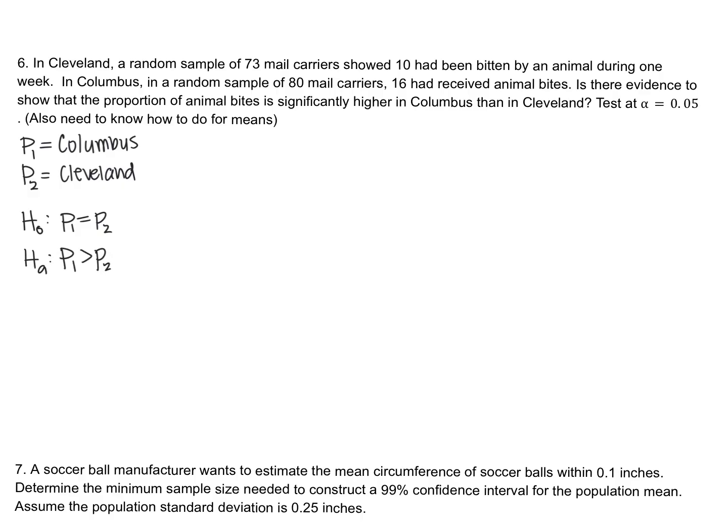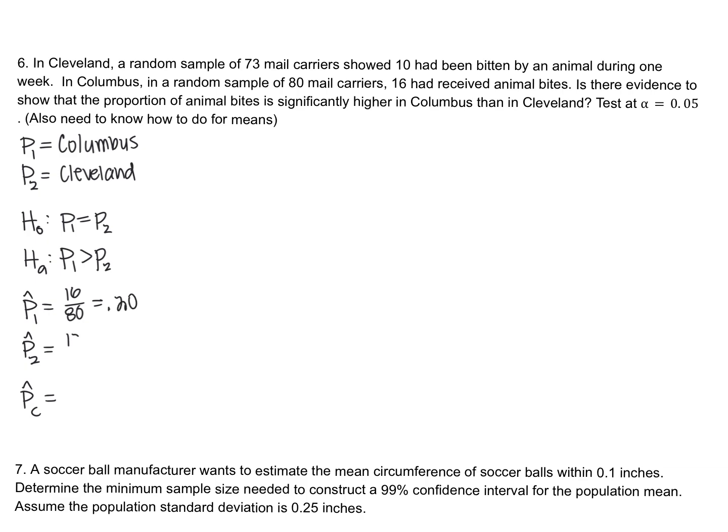greater than P2. So for a difference in proportion significance test, we need to calculate our P1 and P2 hat, and then we also need to calculate our pooled proportion. So P1 hat is going to be 16 over 80, which is 0.20.